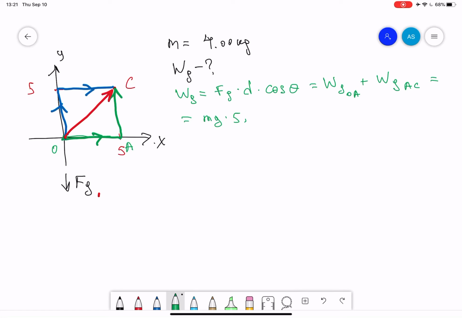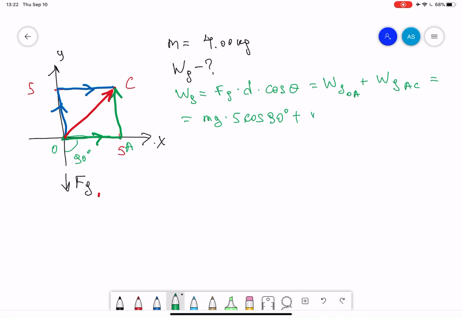And what will be the angle between them? In this case, as you can see, it is 90 degrees, so cosine 90 degrees, plus the work done by gravity along AC.